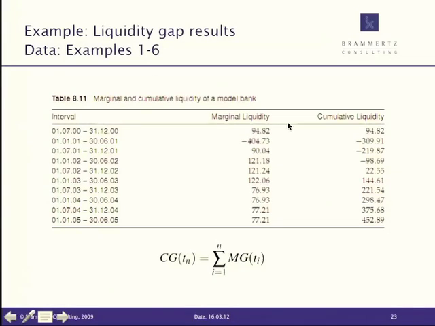If you go through the examples, you just sum up all of them. You get that in the first half year we have a net inflow of 94. In the second half year we have a net outflow of 404, and so on. And this is the cumulative gap. This is nothing else than the accumulated sum over time.